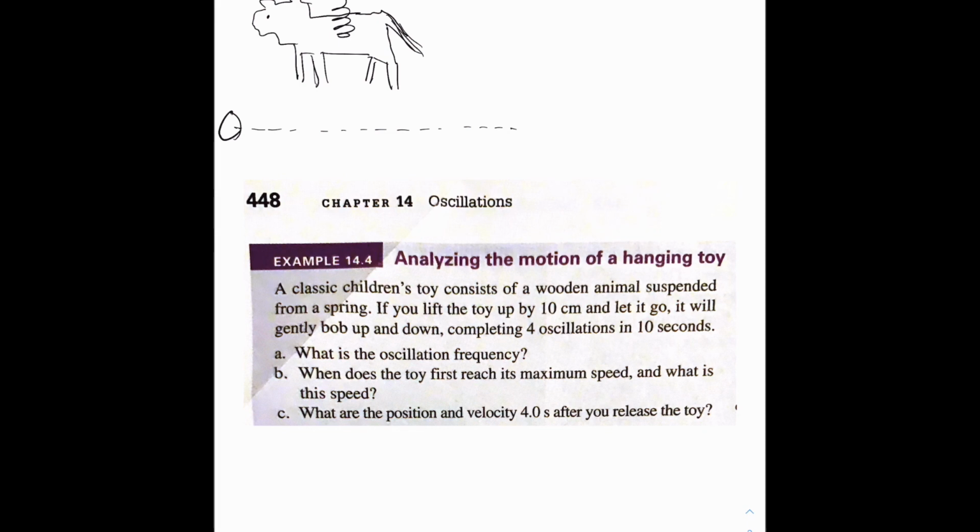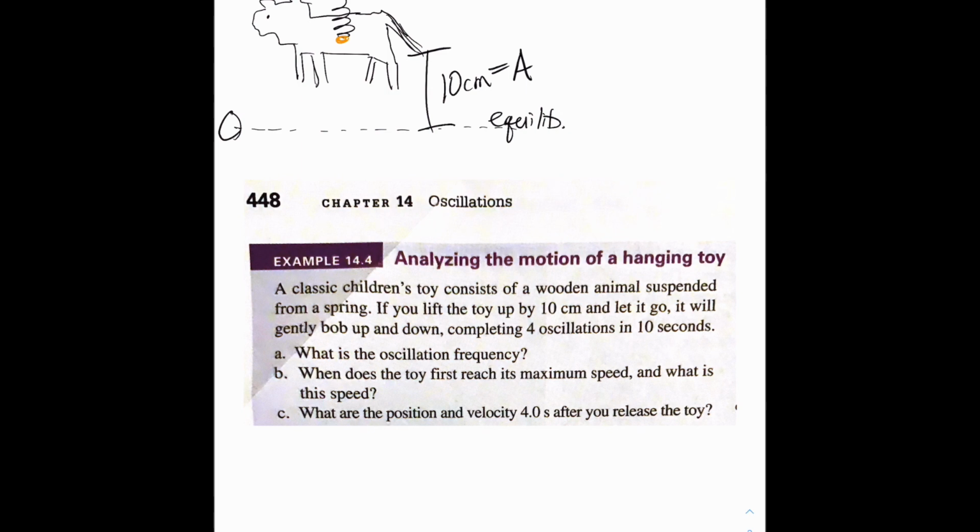This will be equilibrium. And this distance right here is the amplitude. Right? And then a cycle would be going to 10 centimeters below equilibrium and then back up, and it's going to oscillate back and forth, right? So it's going to go down and back for a cycle.